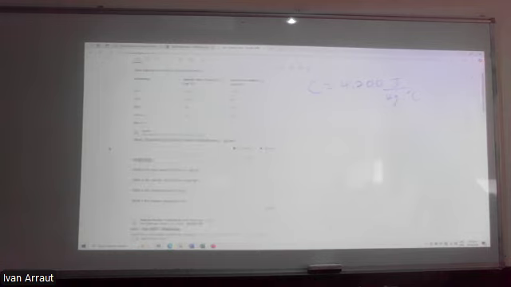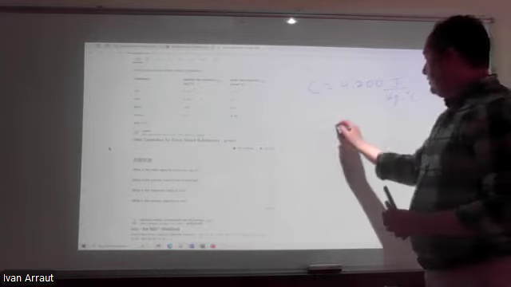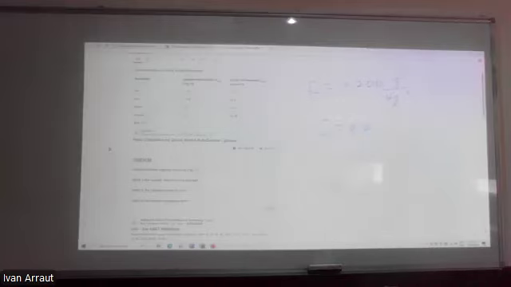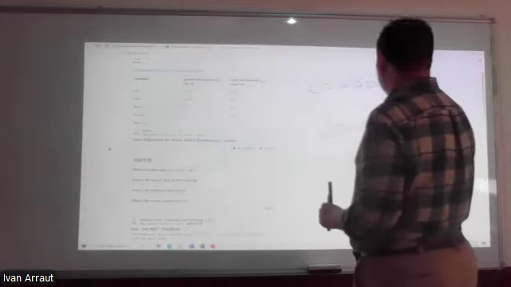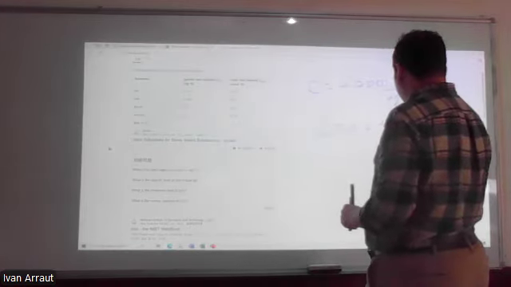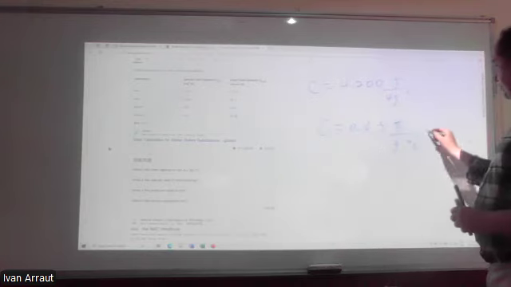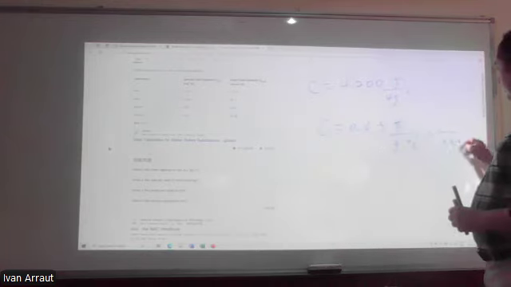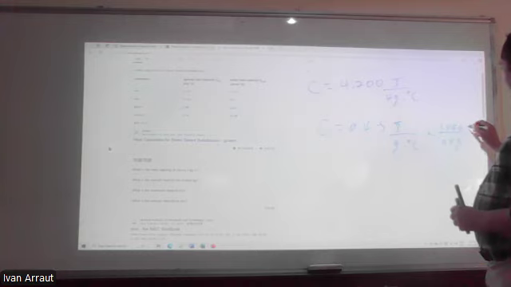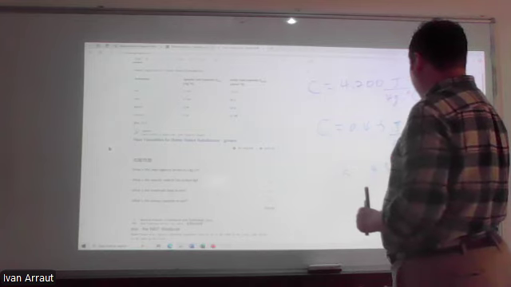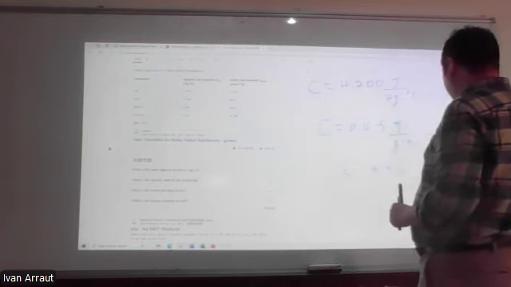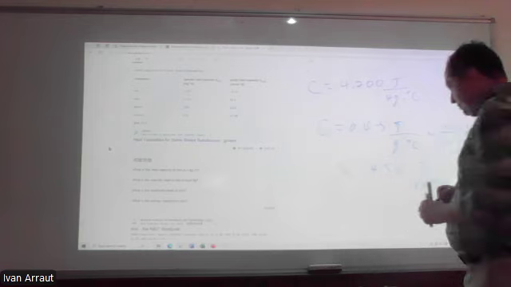But it says 0.0... We can compare it anyway. The heat capacity of iron is 0.45 joules per gram. If I want to convert to kilograms, what should I do? 1 kilogram is 1,000 grams, so 450 joules per kilogram per degree Celsius.